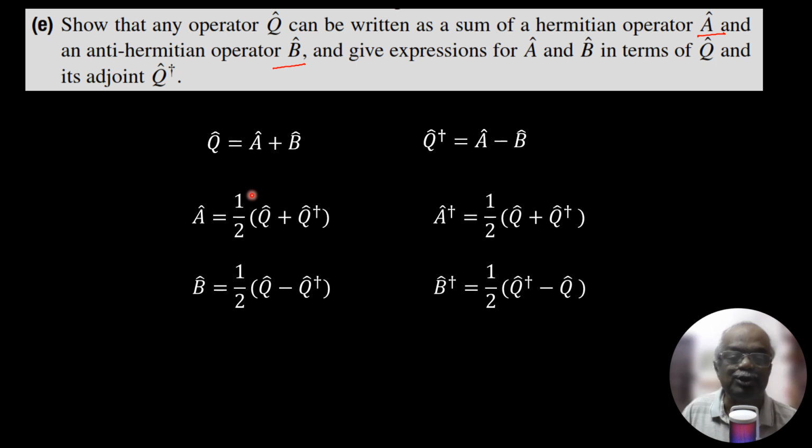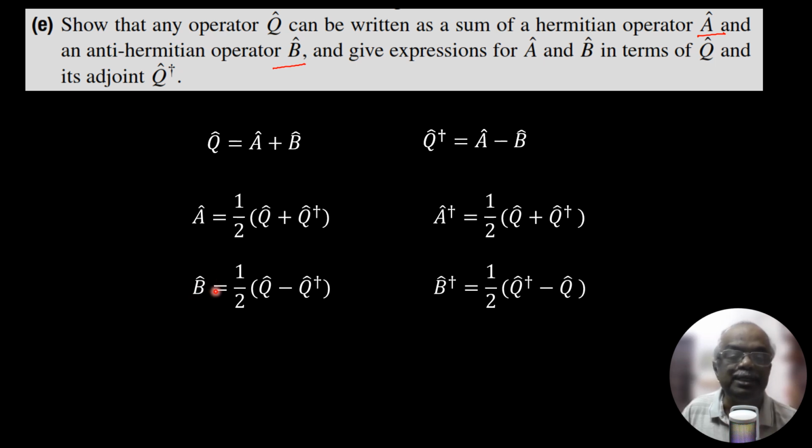If you divide by 2, you will get A. So A is a Hermitian operator, so no problem. Then A† is equal to the same thing, because A equals A†. So A† is also one half of Q† plus Q. So both are the same.